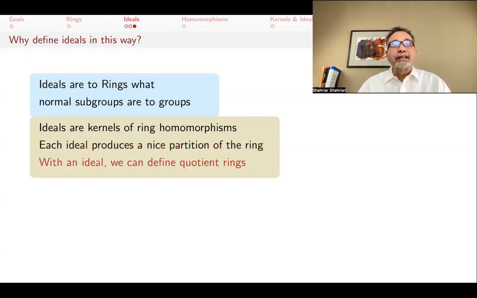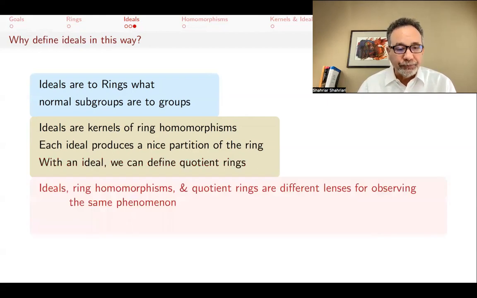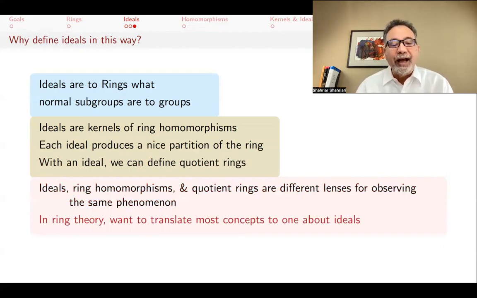And with ideals, we can define quotient rings. I will mention that here, although other videos will go into more detail. In fact, as I said before, ideals, ring homomorphisms, and quotient rings are different lenses for observing the same phenomena. And in ring theory, as I said before, we want to translate almost any concept we can think of to one about ideals, about these substructures that have nice properties.